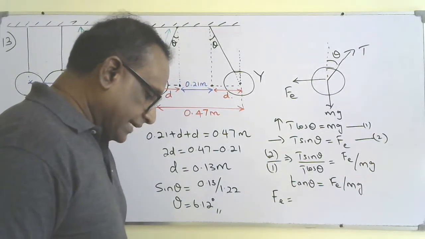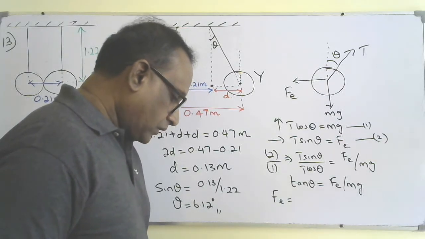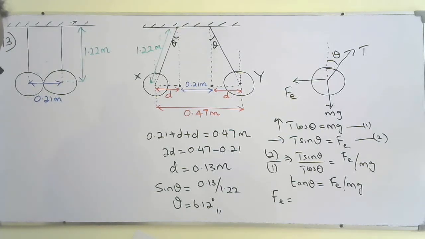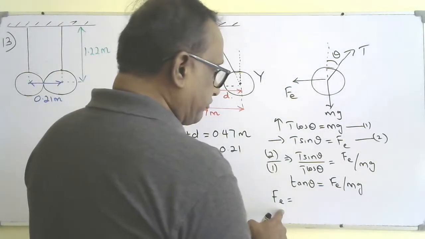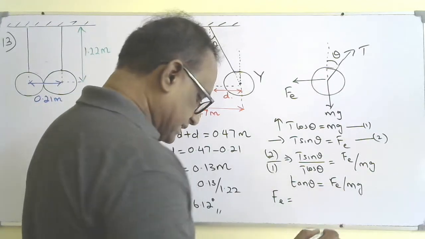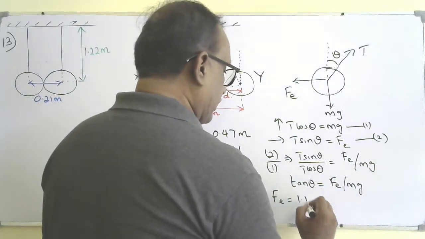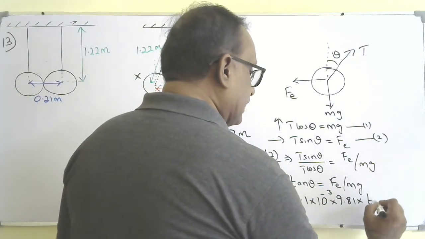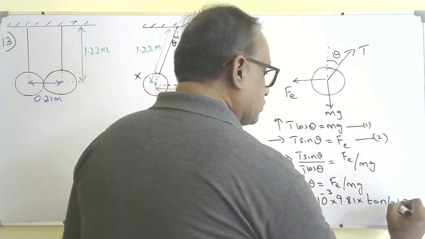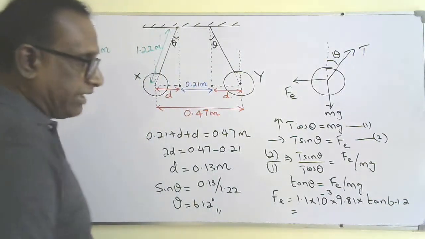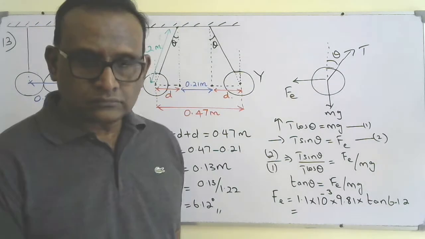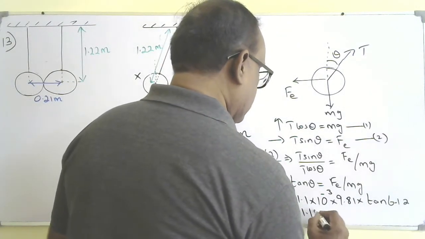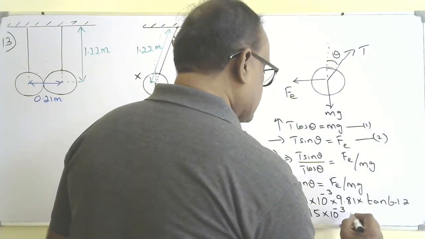Mass is given, 1.1 grams. So 1.1 times 10 to the power minus 3 into 9.81 into tan 6.12. Solve it, you will get Fe. So that will be 1.15 times 10 to the power minus 3 Newton.